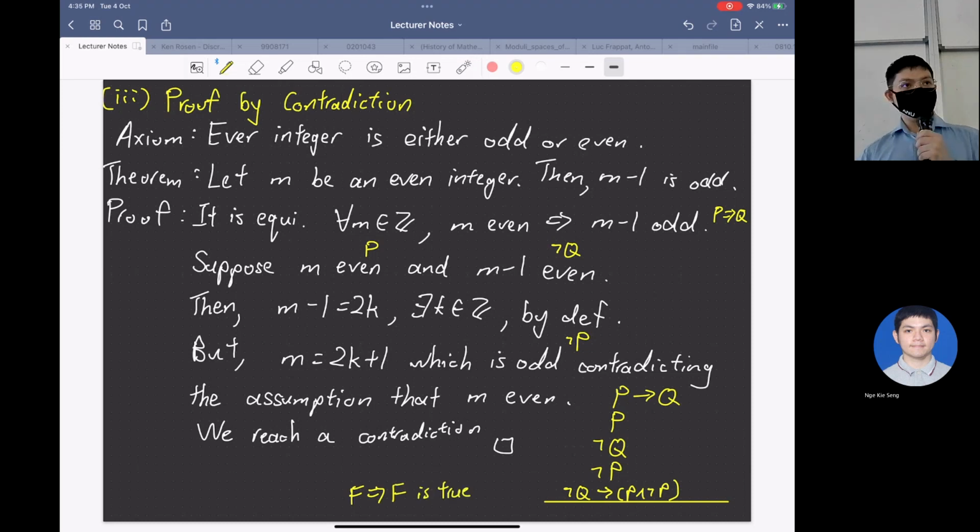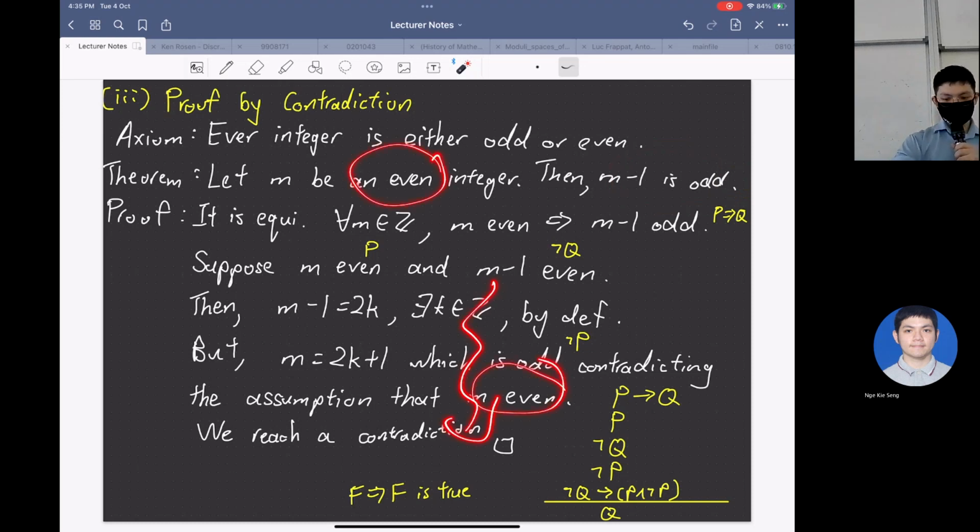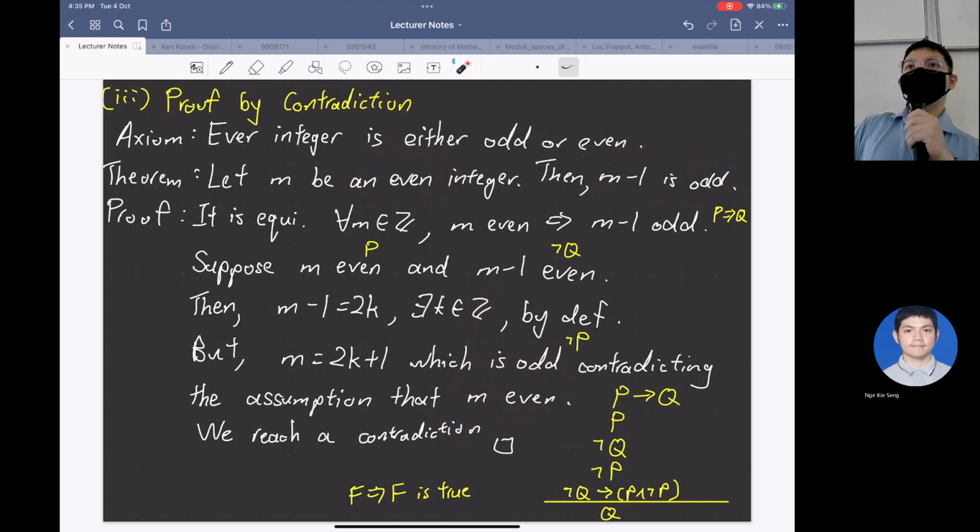That means not Q is false. So you get Q. So this is how you prove that m minus 1 is odd. This is why, with this contradiction here, you found that m is even, then you can prove that m minus 1 is odd. Okay?